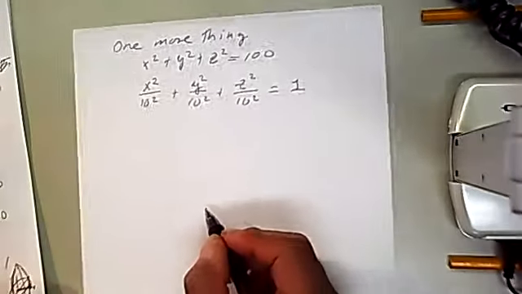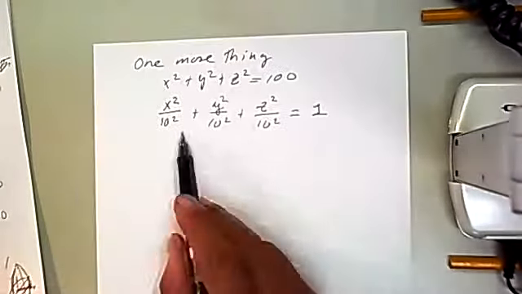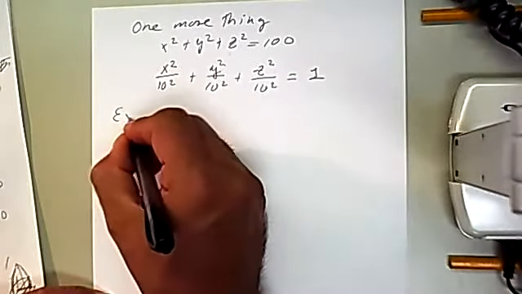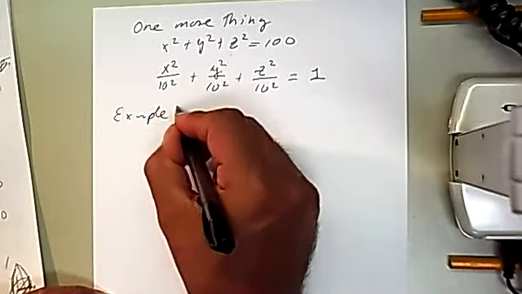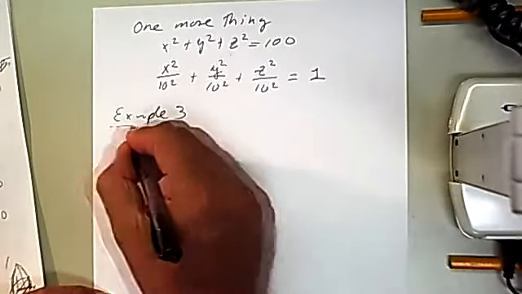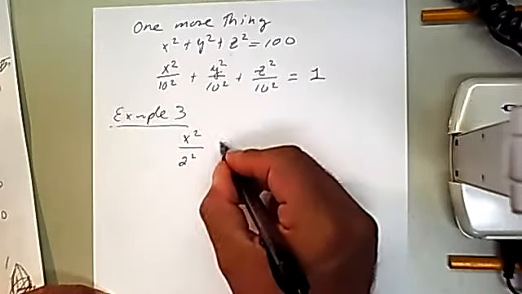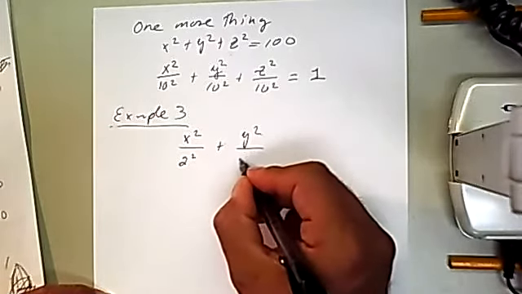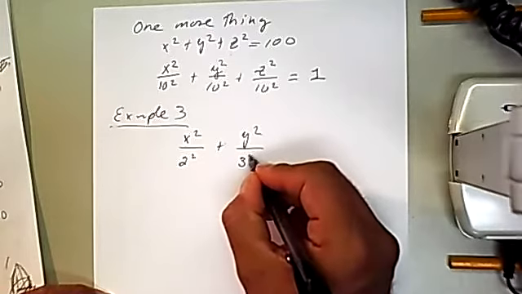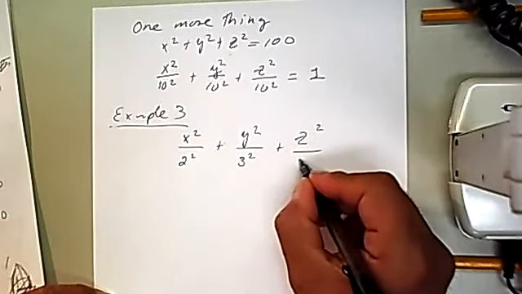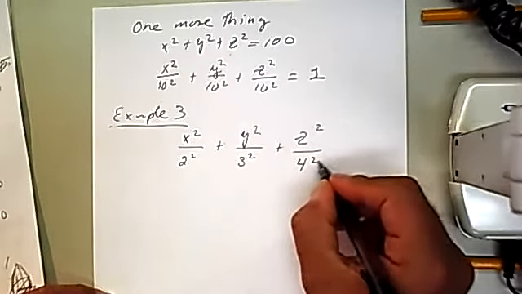This is even more important. Perhaps it is not so useful when you have a sphere, but let's do example 3. Let's say you have x squared over 2 squared, which is 4, plus y squared over 3 squared, which is 9, plus z squared over 4 squared, which is 16, equals 1.